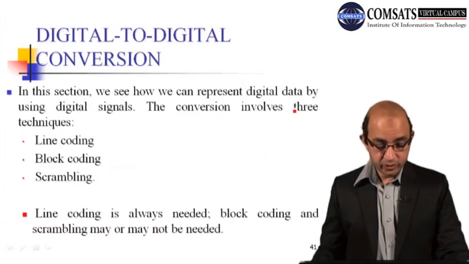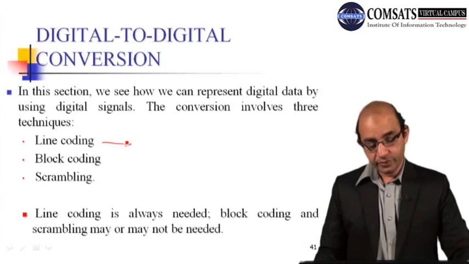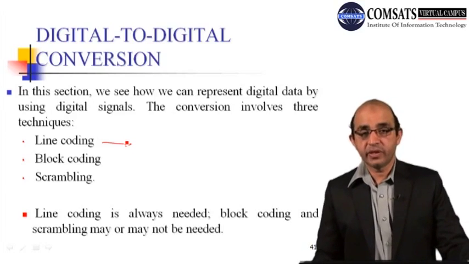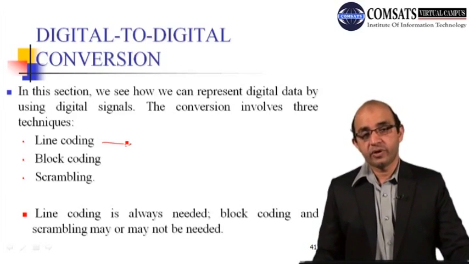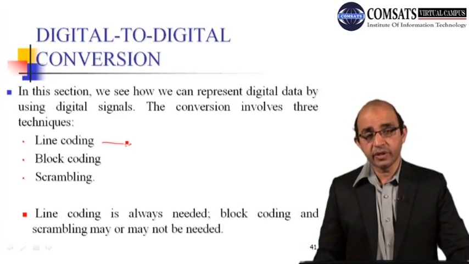So one thing has to be mentioned over here, that this is a must for us, right? When we talk about communication, line encoding has to be there, because we have to make our data compatible with the underlying channel. So in order to do that, we have to perform the line encoding, right?